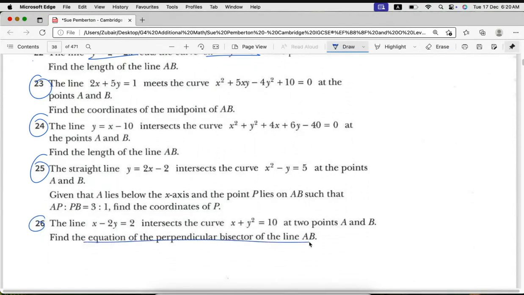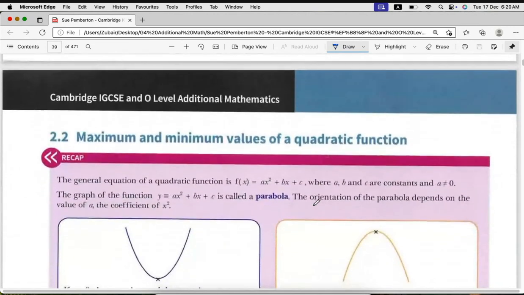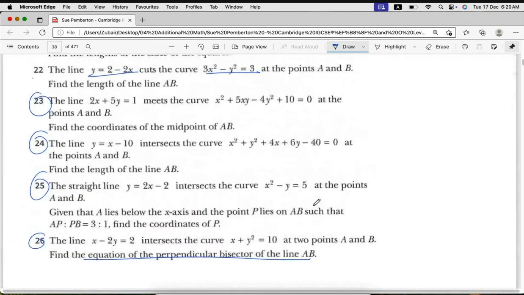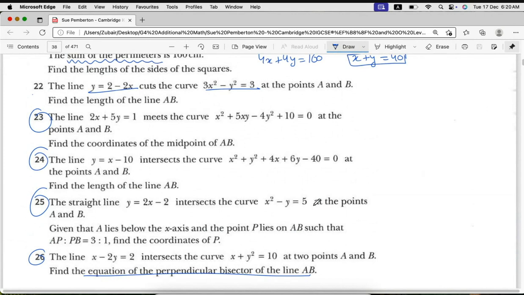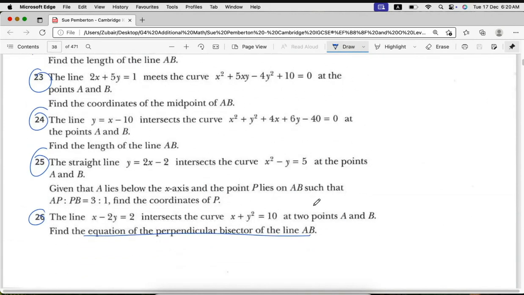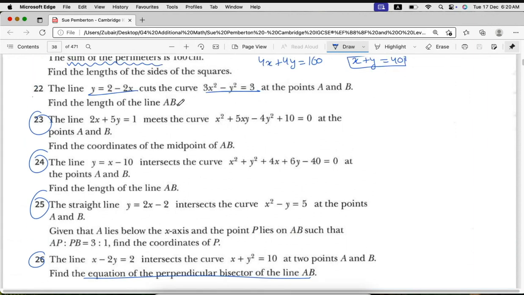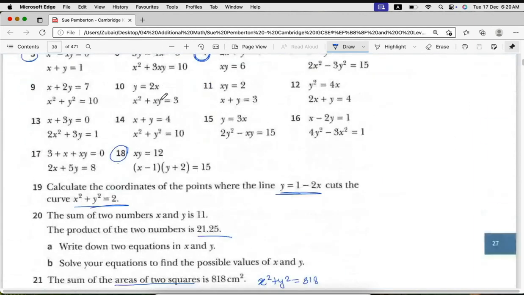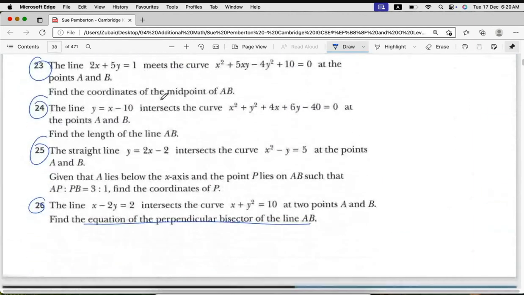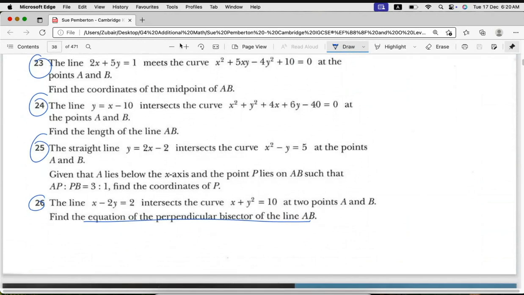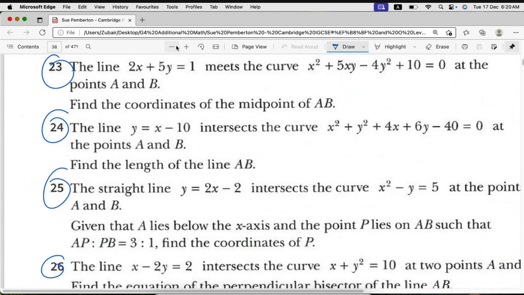Find the equation of the perpendicular bisector of AB. Now it is involving coordinate geometry. So these four questions would be multiple choice. This is 27. Okay. I'll do them as homework.